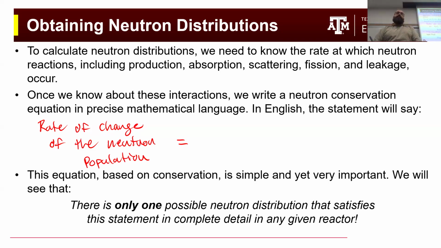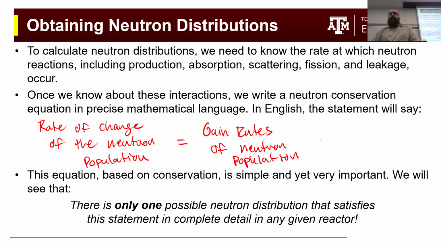So the change rate of this population is going to be the gain rates of my neutron population, and then I subtract all of my loss rates of the neutron population.